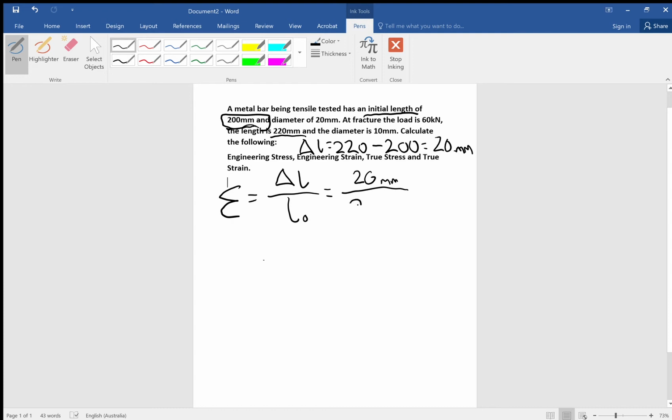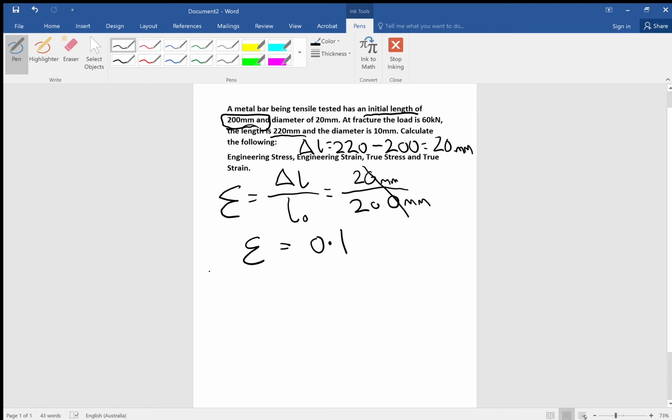Okay, so 20 over 200. Our engineering strain is going to be equal to, we cross that out, divide by 2 top and bottom, 0.1. Okay, so that's how you do the engineering strain.